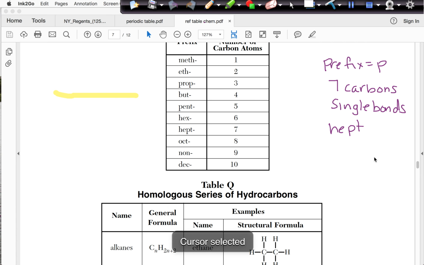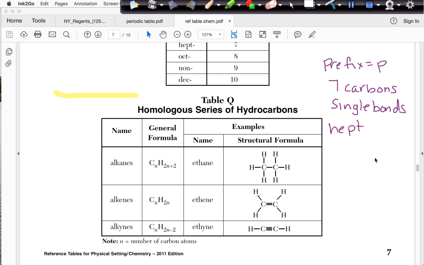Then we're going to look at table Q and see that when we have single bonds only, we're going to be an alkane. Now alkanes end in ane. Single bonds, alkane ends in ane.